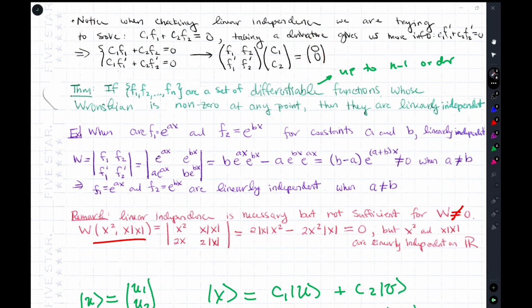So you're looking for what vectors, when operated on by this matrix, give you 0. That's sometimes called the null space. Two functions are linearly independent when the only solution is just the vector 0, when C1 equals C2 equals 0.